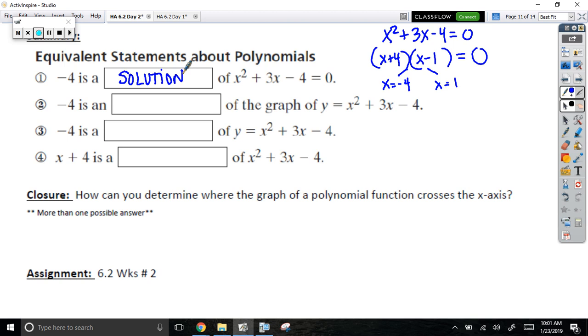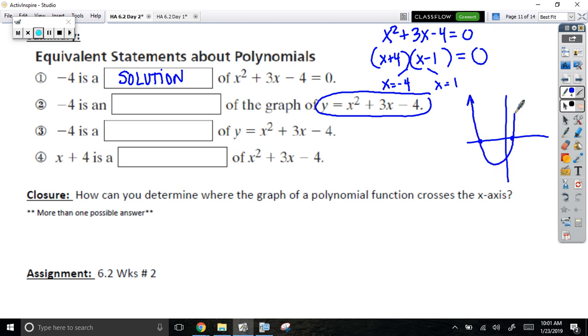Now then they talk about, for part 2, -4 is a blank of the graph. Now notice this now says y equals instead of equals 0. There's 2 words that you could probably fill in here, but we graphed this before, or we found the equations. -4, +1. Which type of intercept is that? An x-intercept or a y-intercept? X. So -4 is an x-intercept of the graph.